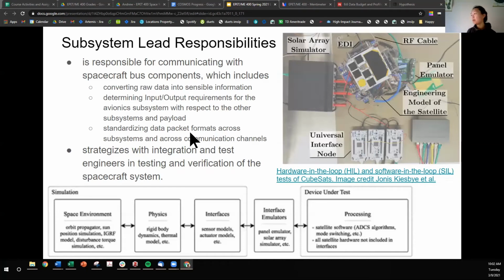So here I have pictures of different kinds of tests you can conduct. You'll see in a moment why CDH leads are so involved with the testing process. Because on ground, we have to simulate the space environment. You can do this in two ways.